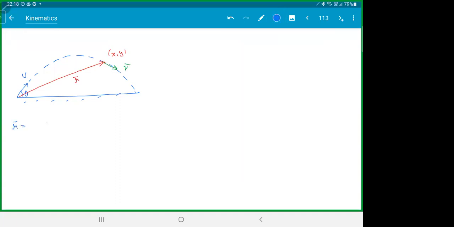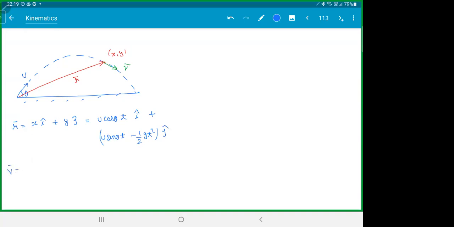So r bar is x i cap plus y j cap. That would be u cos theta t i cap plus u sin theta t minus half g t square j cap.